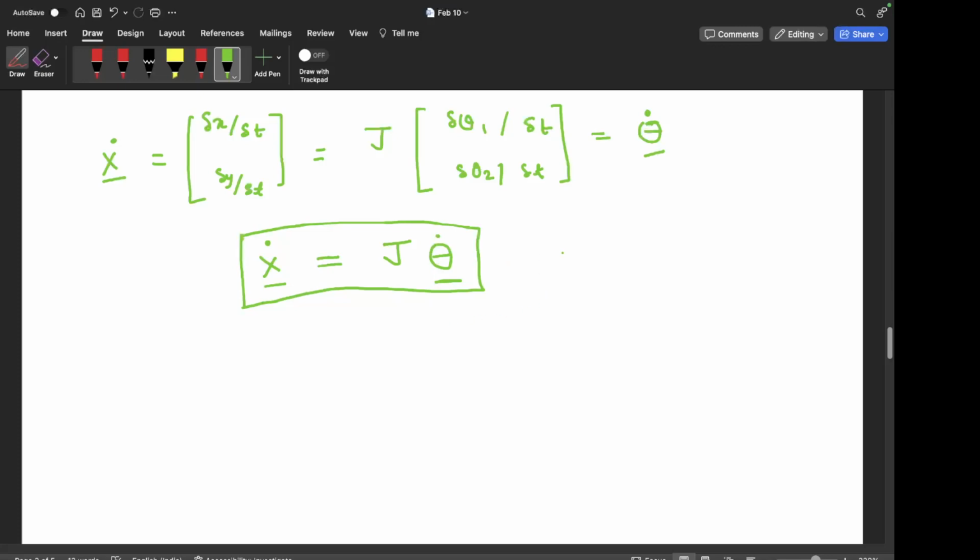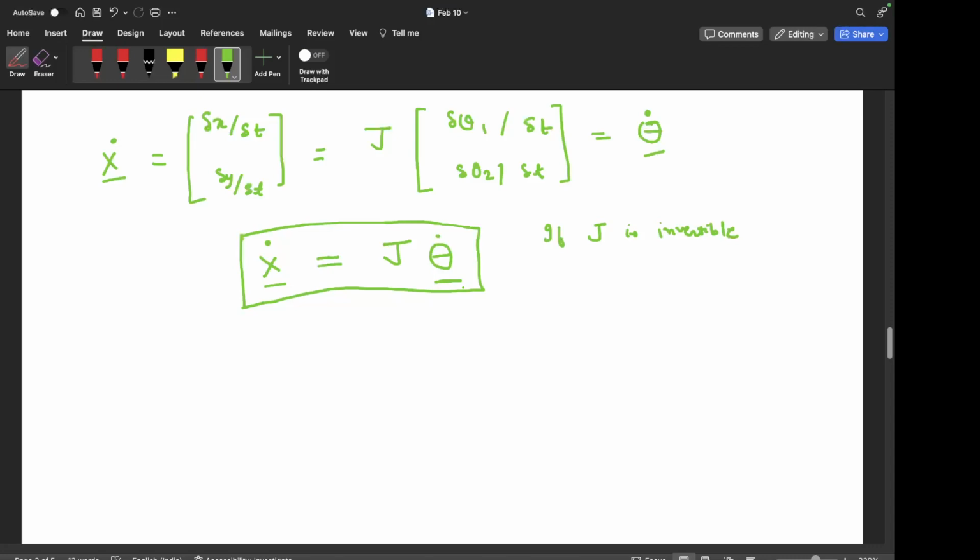And similarly, if J is invertible, you will see cases of what happens when J is not invertible or is non-square. So J is not necessarily square. It is not mandatory that J should be a square matrix.